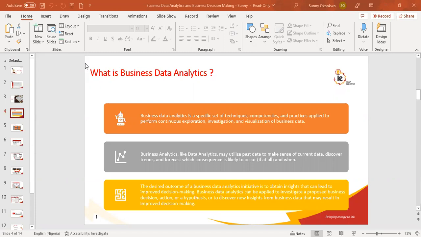Now, business data analytics is just a specific set of techniques, competencies and practices applied to perform a continuous exploration, investigation, and visualization of business data. It doesn't end there.